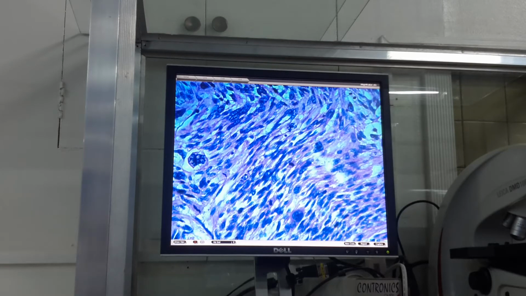Ang taas-taas na nun. Tissue of origin, fusiform cells pa rin ang nakikita nyo. Tapos nakikita nyo pa rin yung centrally located nucleus. So what is the tissue of origin? Smooth muscles. And it is malignant leiomyosarcoma.